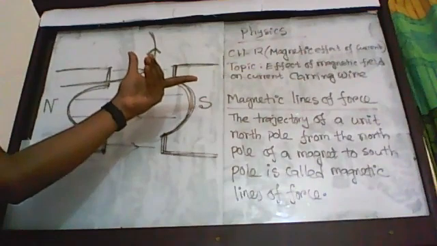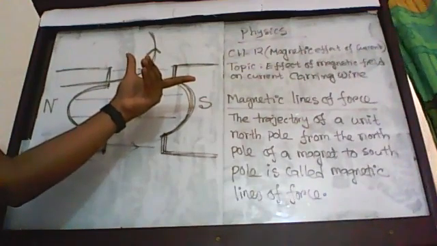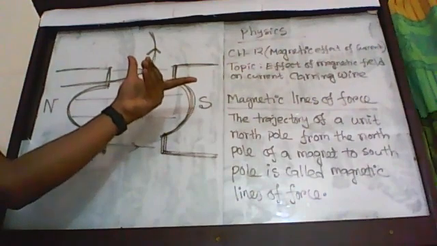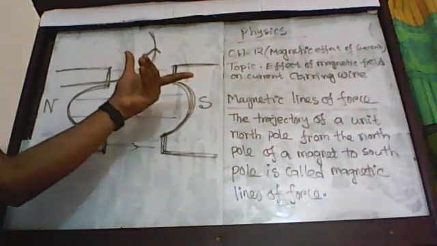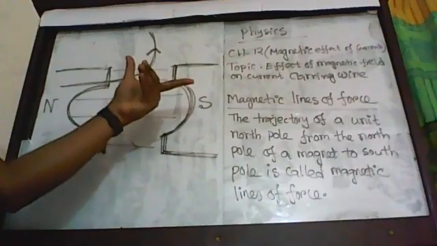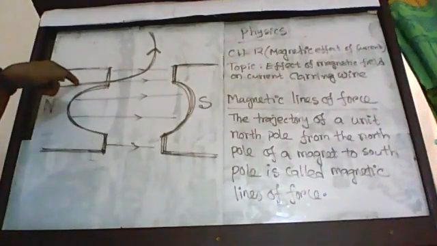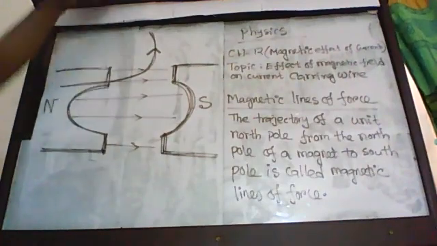So in this case, my thumb indicates that because of the resultant electromagnetic force, this wire goes in upward direction.